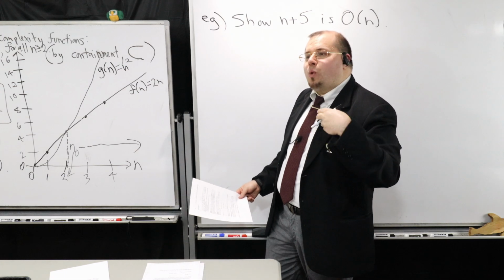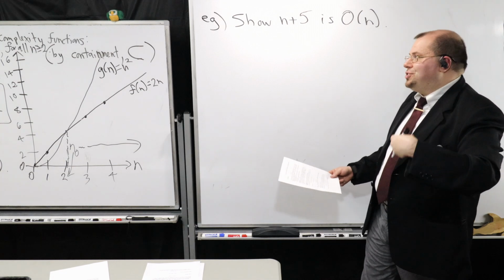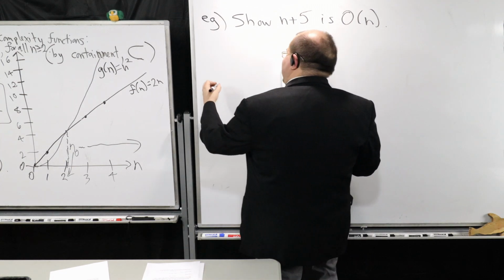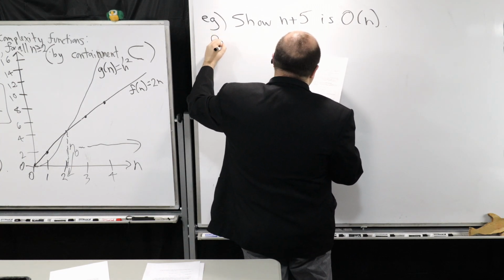So I'm going to first tell you what we're going to try to do. That's usually a good way to start off a proof, is tell the reader what is going on.